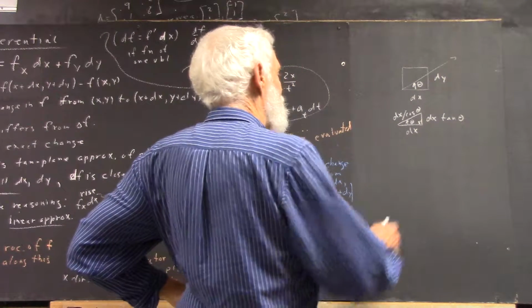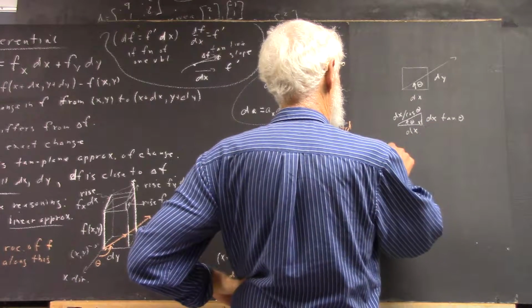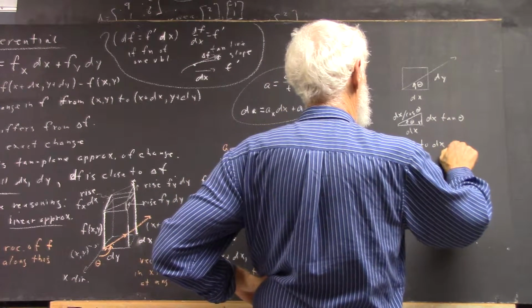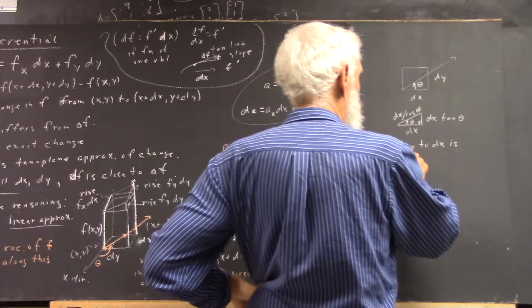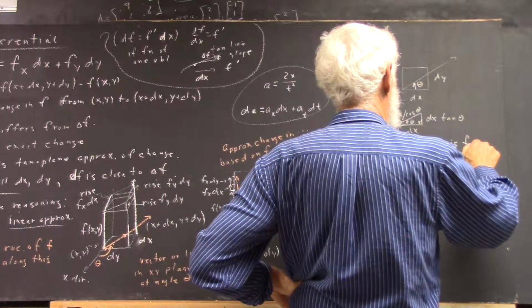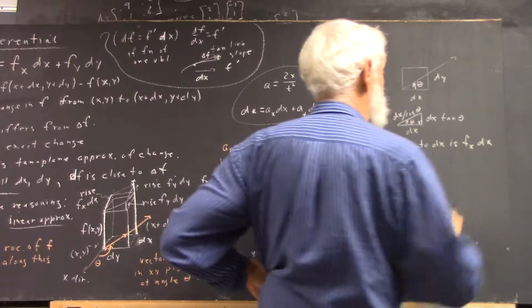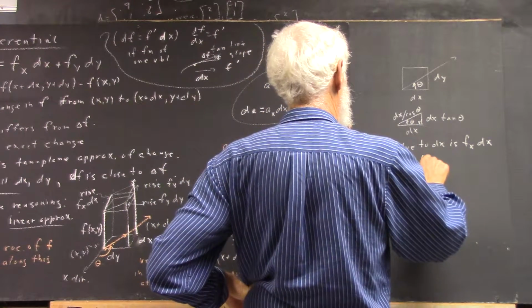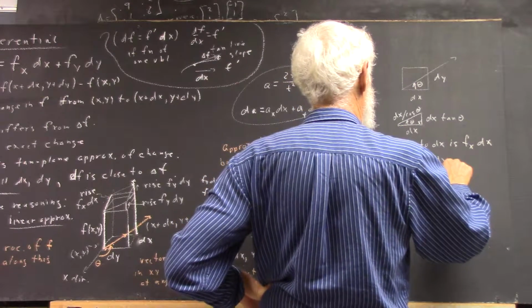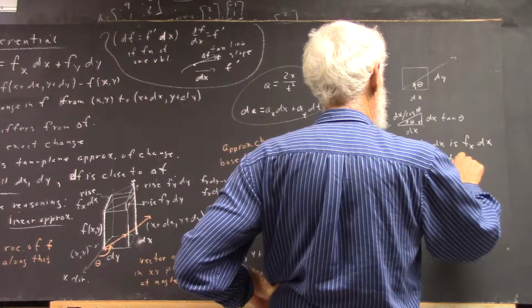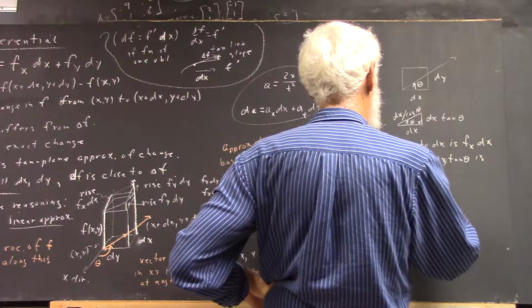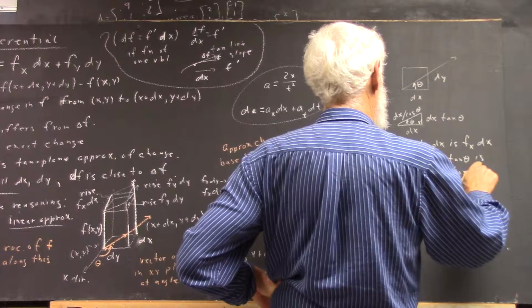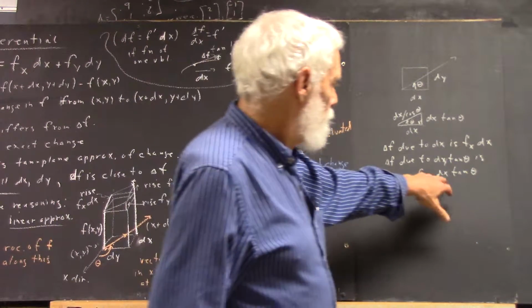Now, the change here, delta F due to dx is Fx dx, right? And the change due to dy is Fy times dx tangent theta, right?